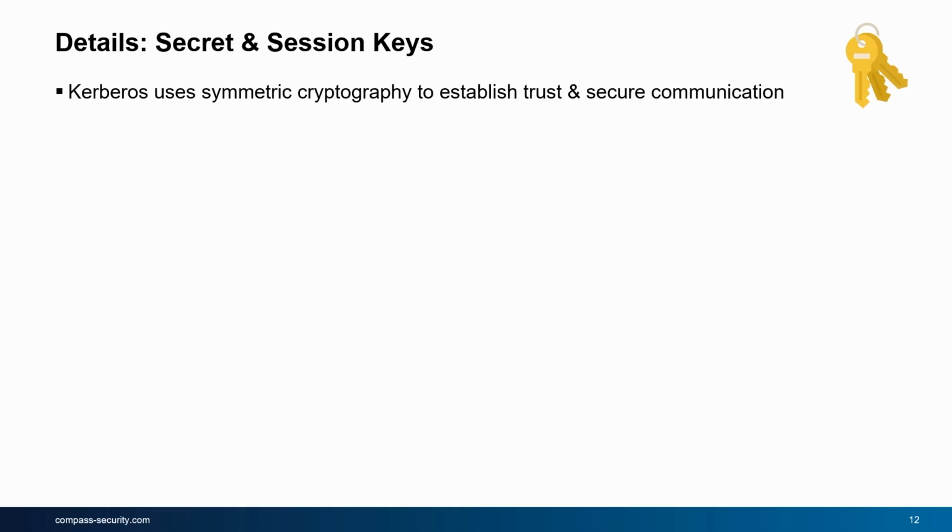Now, a bit more detail about the keys that are involved in Kerberos. As we've learned before, we have secret or long-term keys and session keys. And these are all purely symmetric, used for symmetric cryptography to establish trust between the parties and the secure communication channels.